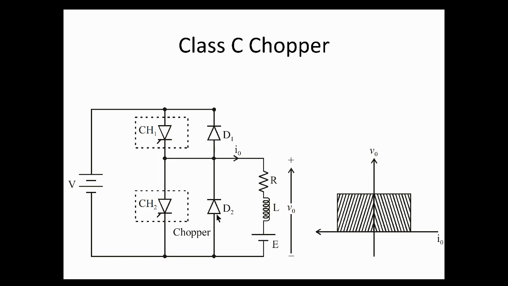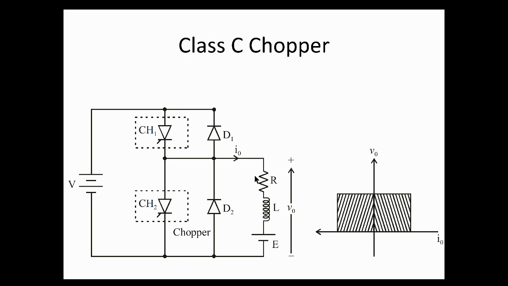When we turn off chopper 2, the energy that we have stored in the inductance drives current through diode 1.